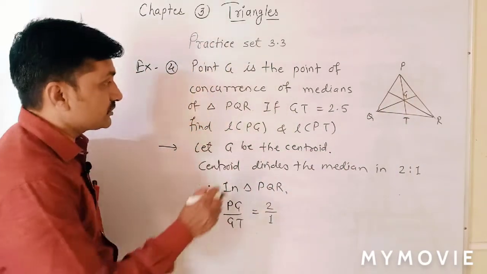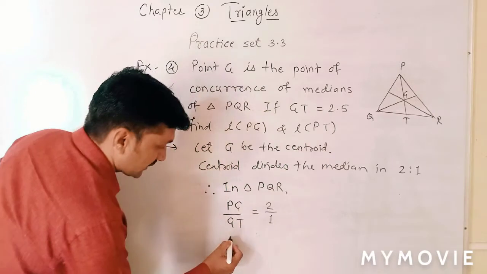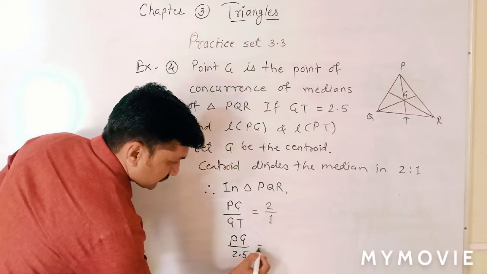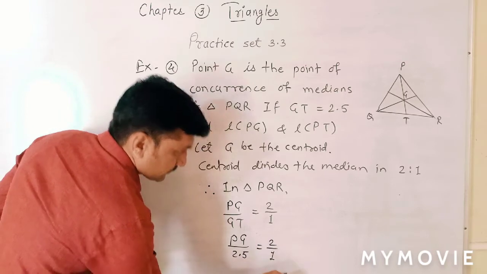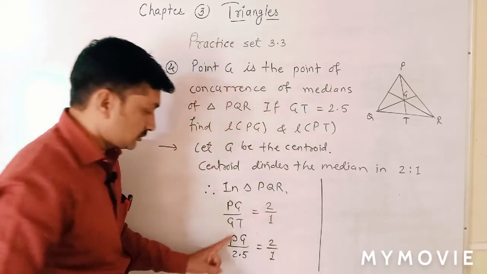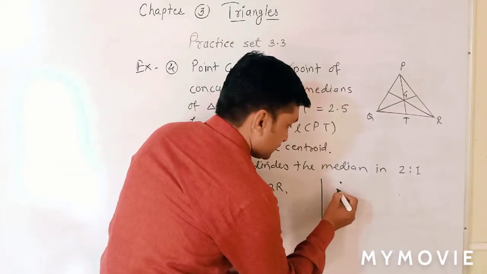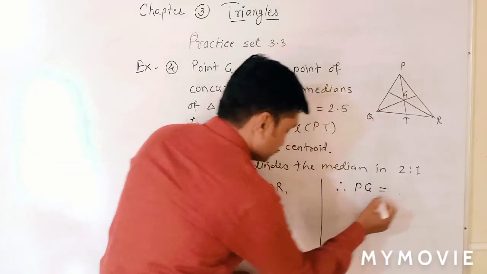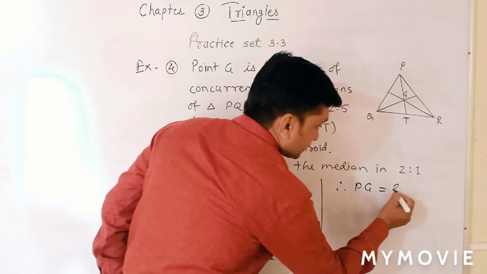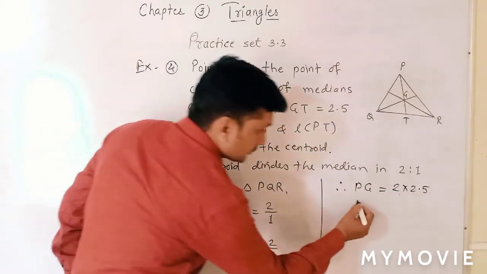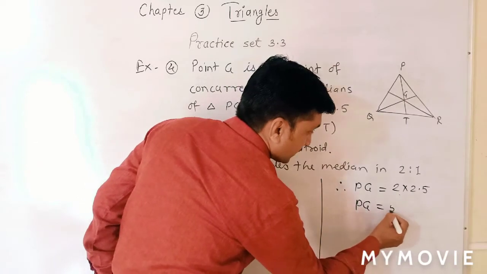Now put the value. GT is given here as 2.5. Put here the value. PG upon 2.5 is equal to 2/1. Now I continue here by cross multiplying, PG into 1, PG. Therefore here PG is equal to 2 multiplied by 2.5, cross product. Therefore PG is equal to 5.